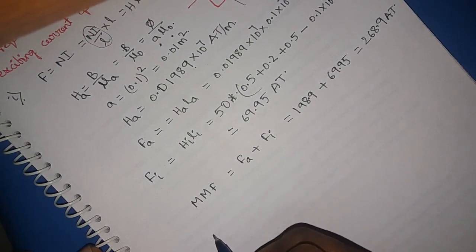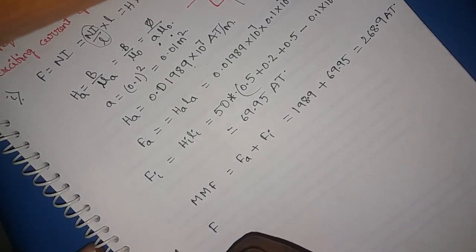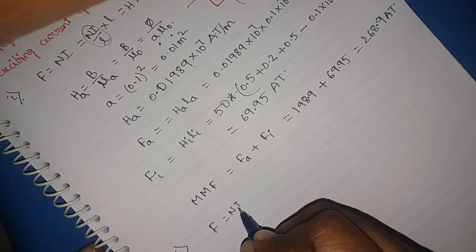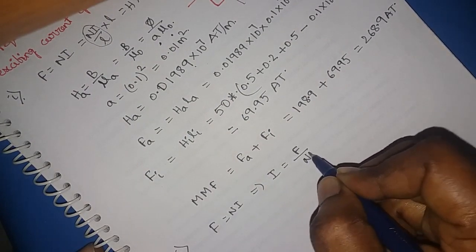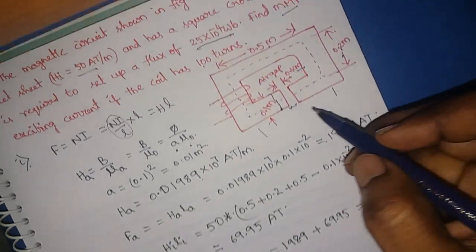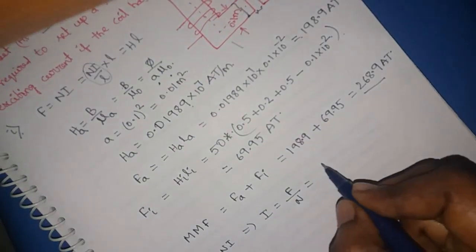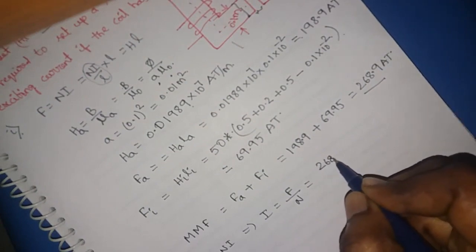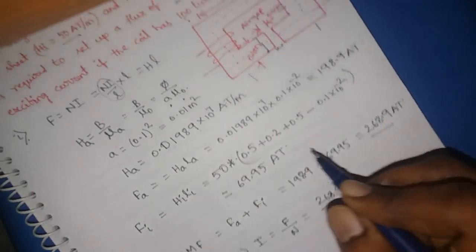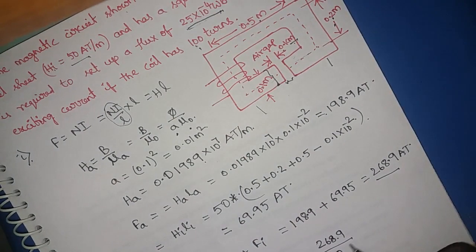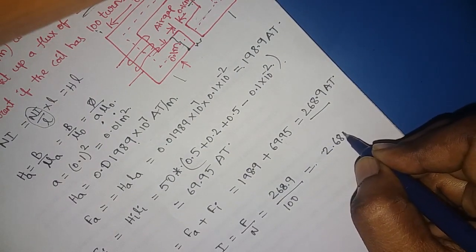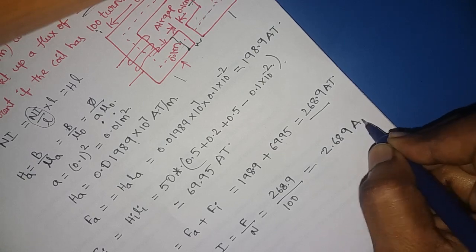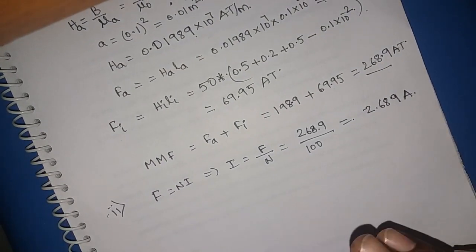F is equal to Ni, hence I is equal to F by N. Here we have F and N: 268.9 divided by 100, which is 2.689 amperes.